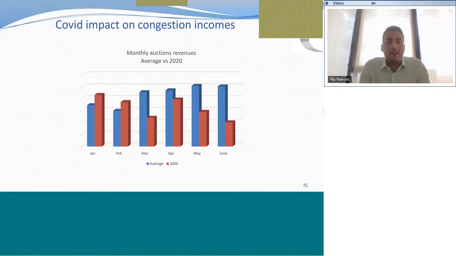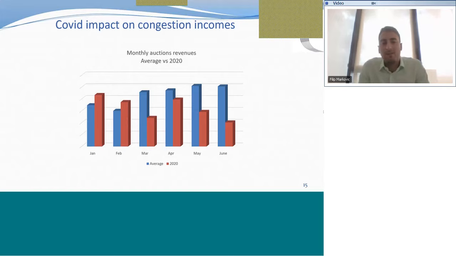One more note: the new border Montenegro-Italy was excluded from this calculation because there is no historical data for it. So only the borders which were allocated in previous years were taken into consideration.